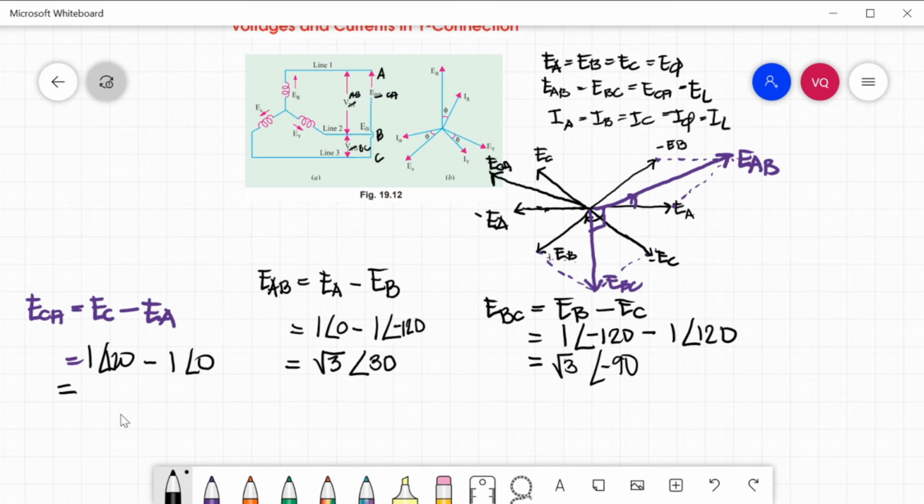Square root of 3 angle 150. This 150 is with respect to the x-axis. So here is the 150. This one.